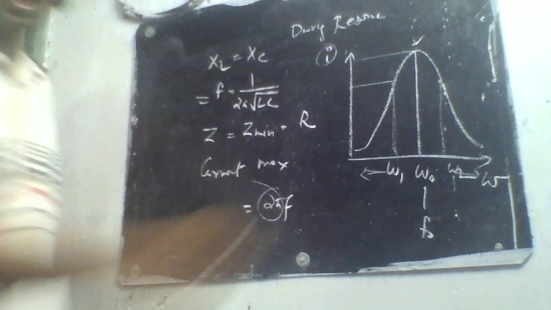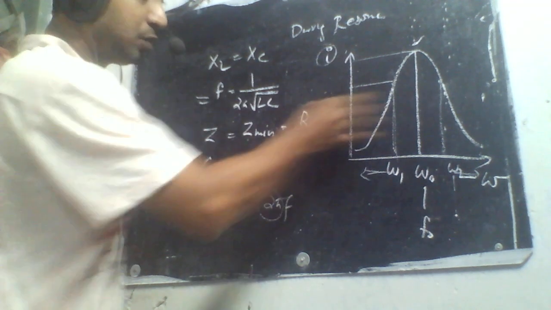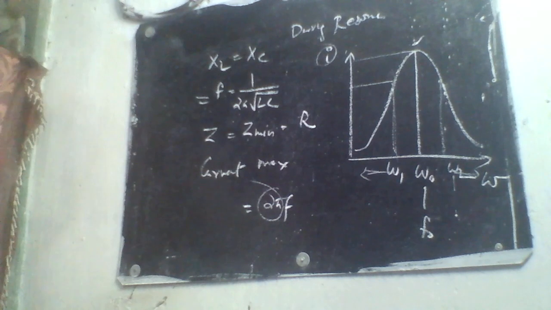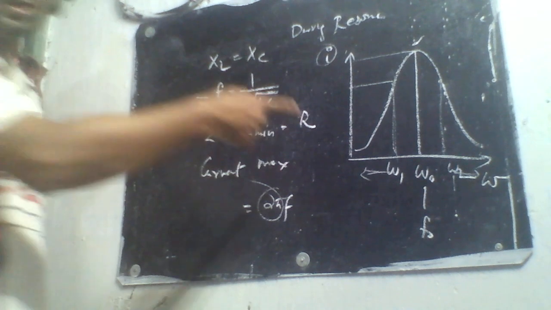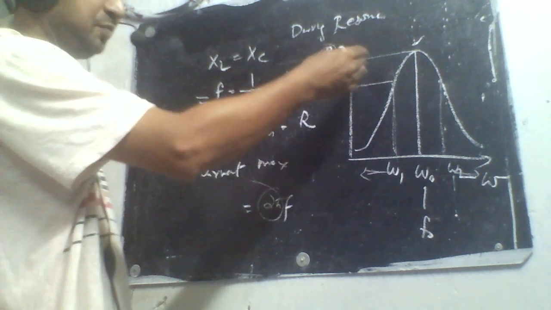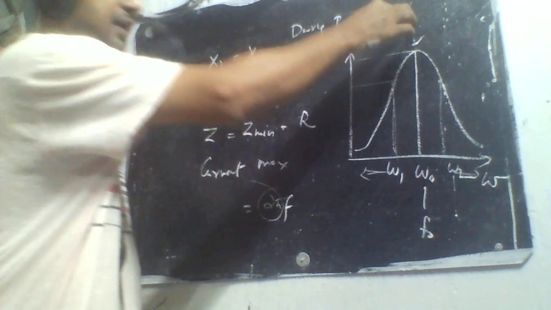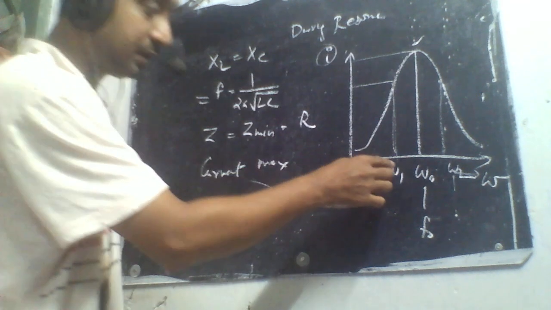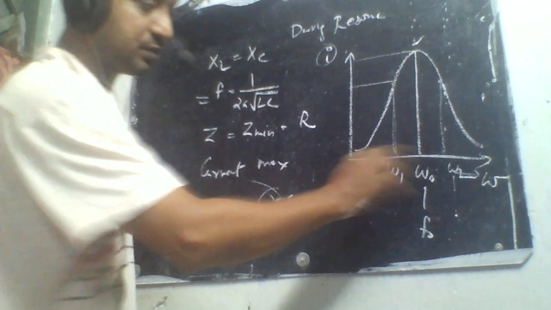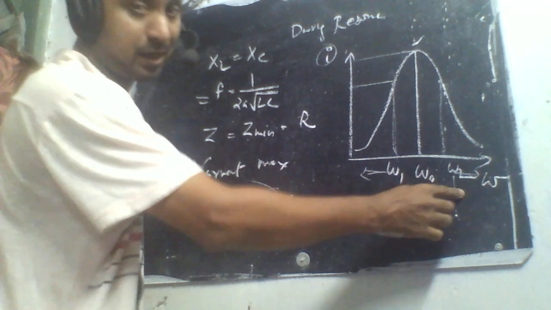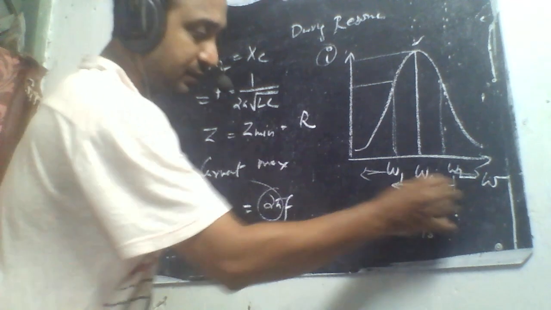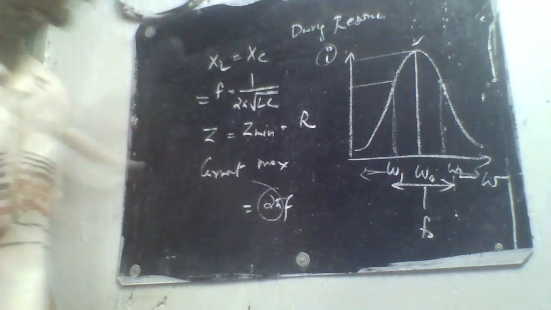Don't look at the graph. You may think I should draw at the middle. It's not like that. I'm not talking about the current, I'm talking about the power. The power should become half of what I am getting here. That particular frequency where this happens on both sides is what I mean by omega 1 and omega 2. The difference between these is what I mean by bandwidth.